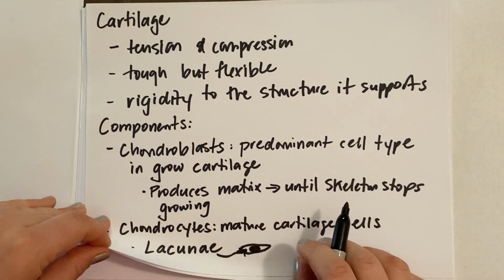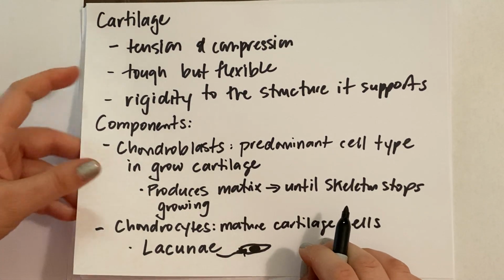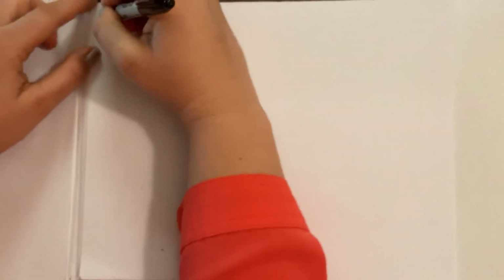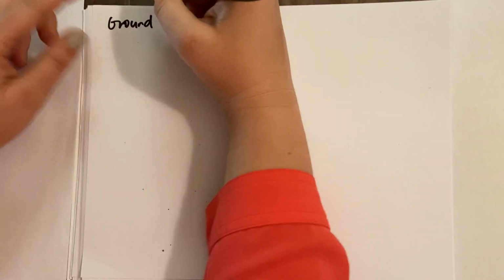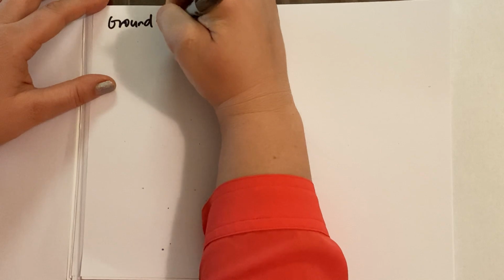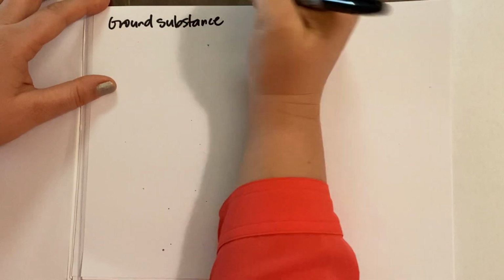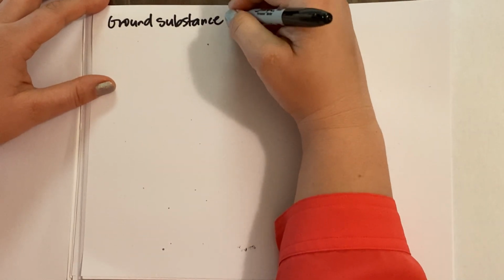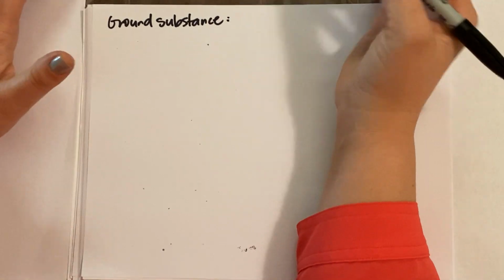Now we're going to move on and talk about the ground substance, the matrix. This is very firm in the cartilage.